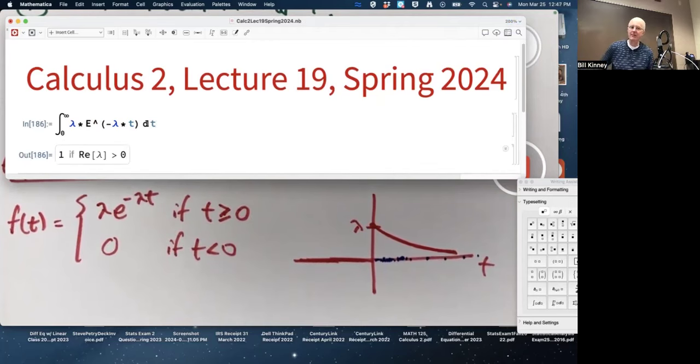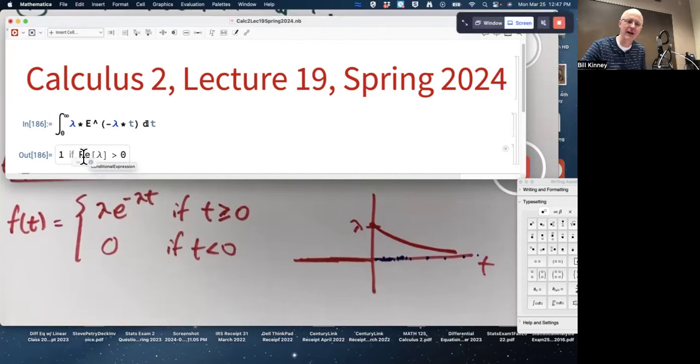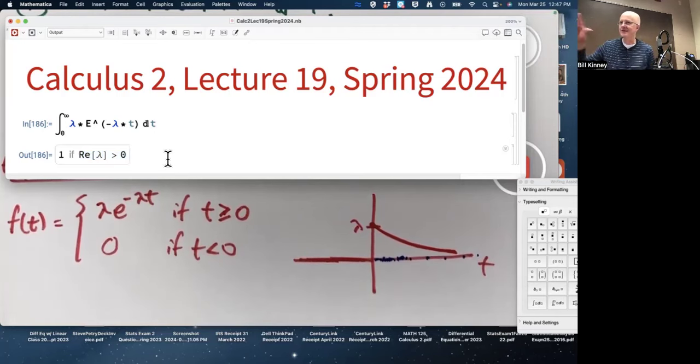Stephen Wolfram, who programmed Mathematica, created it from scratch. Other people program it now. He is a physicist who always thinks in terms of complex numbers. And so he's saying the answer is 1 if the real part of lambda is positive. What's the real part? Well, don't worry about it.